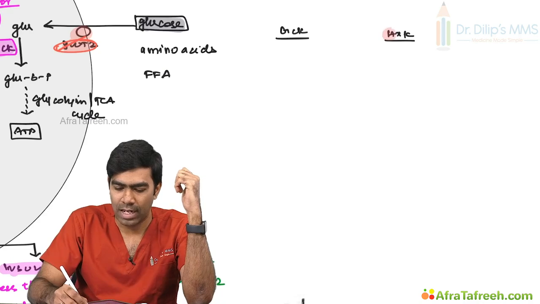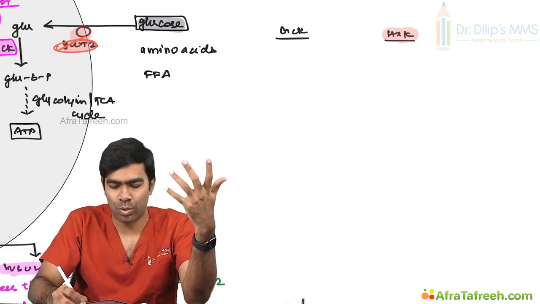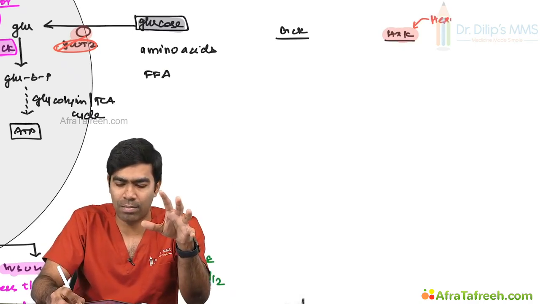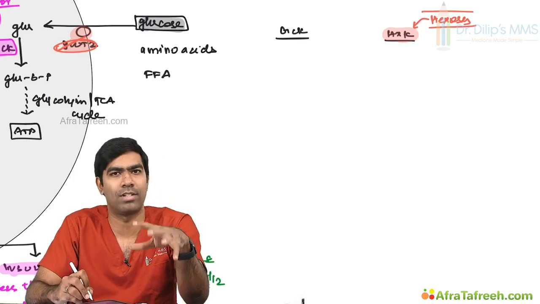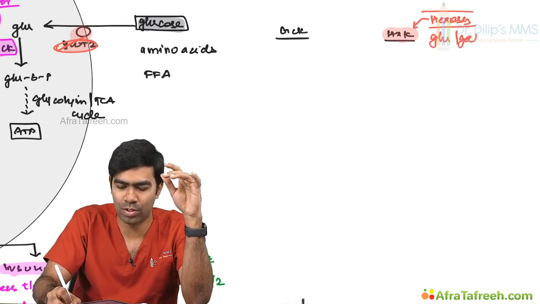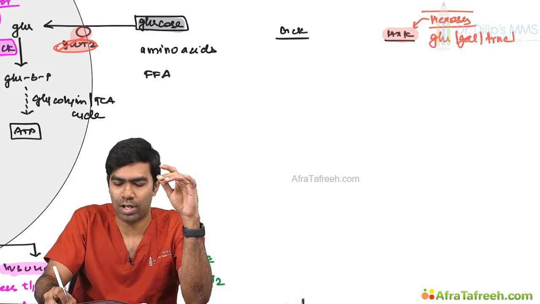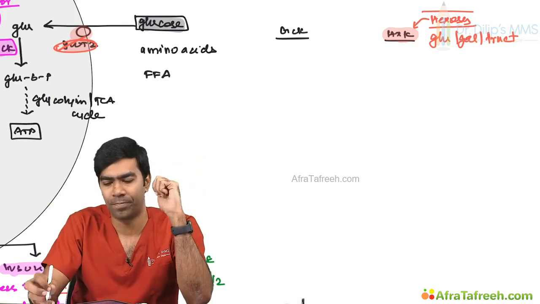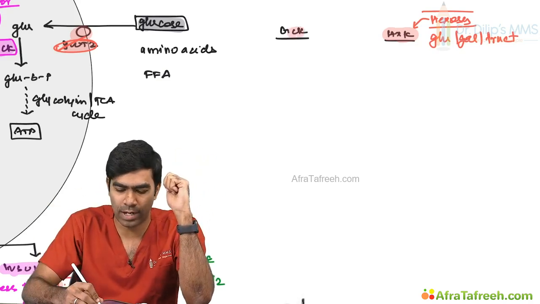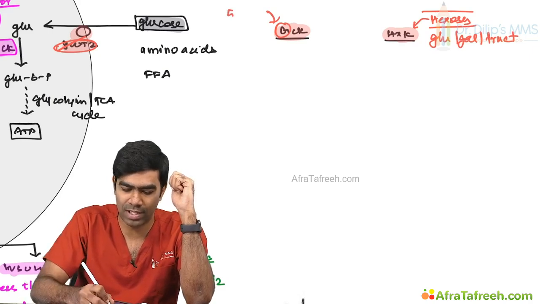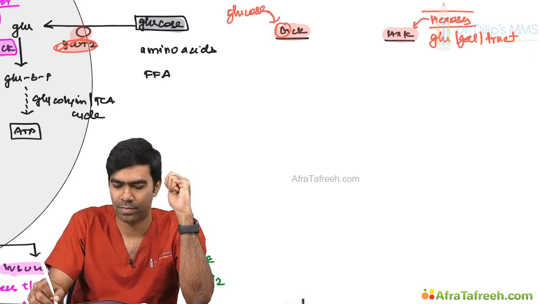Remember, the name hexokinase itself tells you one story: they are not specific for glucose alone. They are going to take up all the hexoses as substrates. There is no substrate specificity. They're going to take glucose, galactose, as well as fructose, and all the hexoses will be substrates for hexokinase. That's why it's called a hexokinase. Whereas glucokinase, on the other hand, is specific for glucose only. That's why it's called a glucokinase. It is relatively substrate specific.